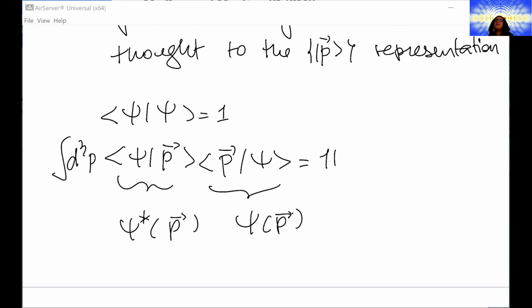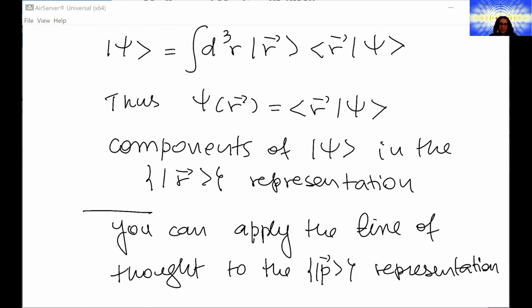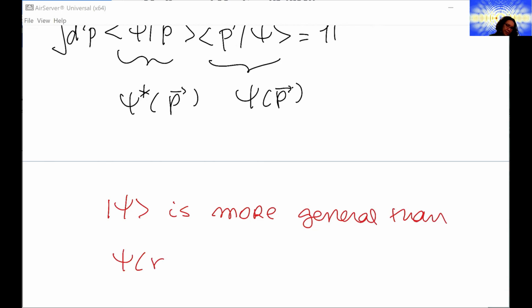I'm going really fast with this because it's pretty much the same line of thought. And this is important because for that reason, |psi> is more general than psi(r), psi(p). Invent any continuous basis you want, etc. So it's more general than wave functions. Wave functions are like the coordinates of your vector in the state space.